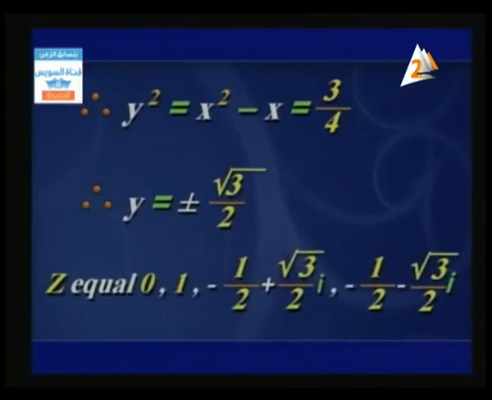Therefore, z equals 0, 1, negative half plus (root 3 over 2)i, and negative half minus (root 3 over 2)i. Now, let's go to another example.